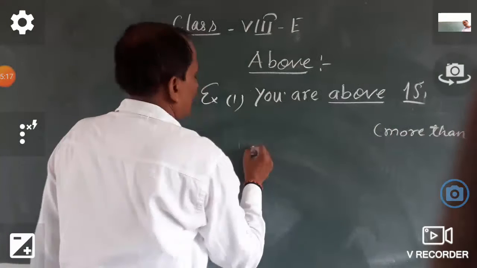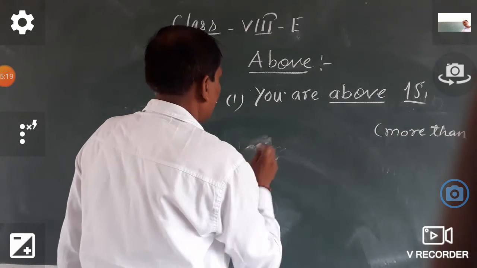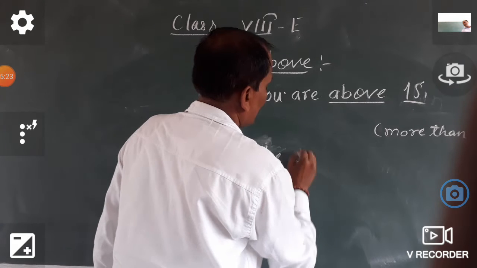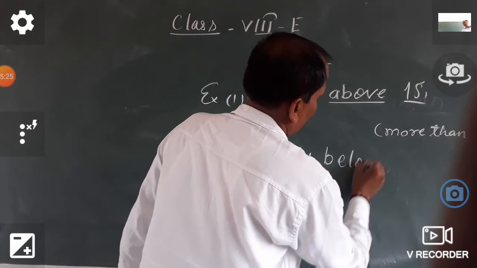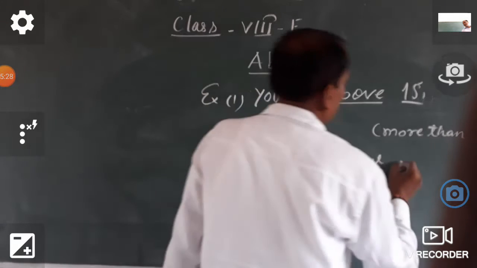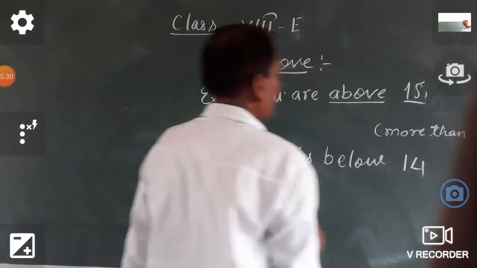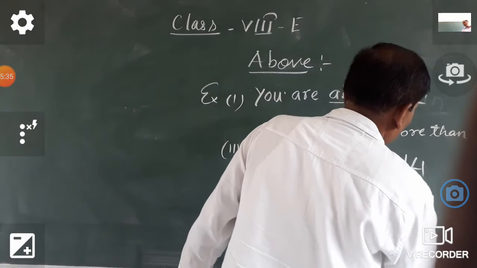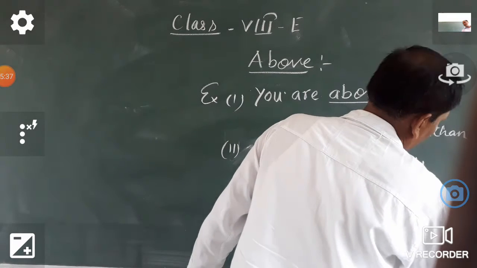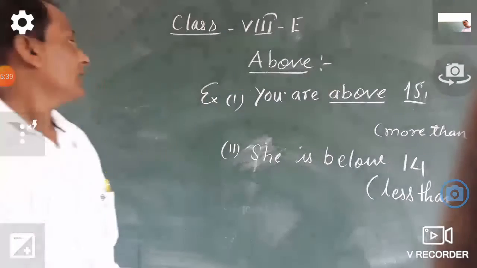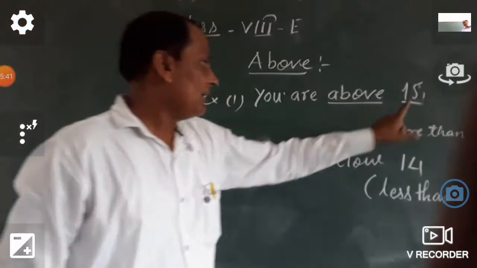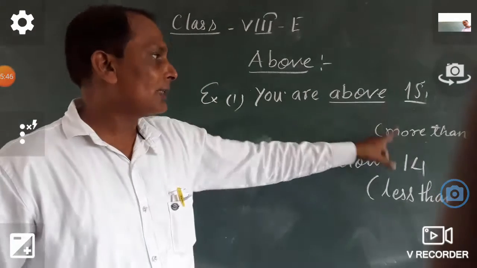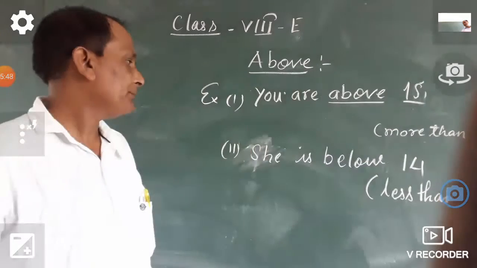Now, C is number 2. C is below 14. It means less than. So your above 15 means more than, means you look more than your age.